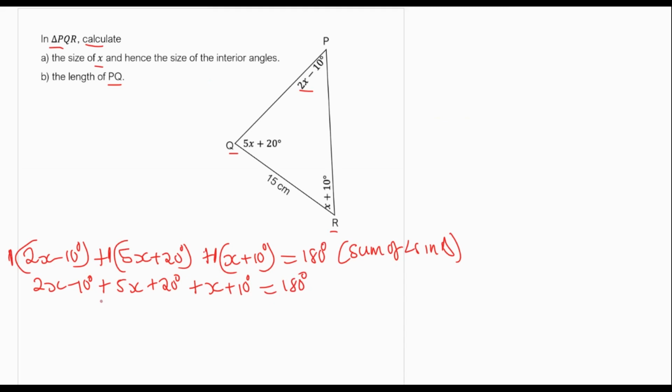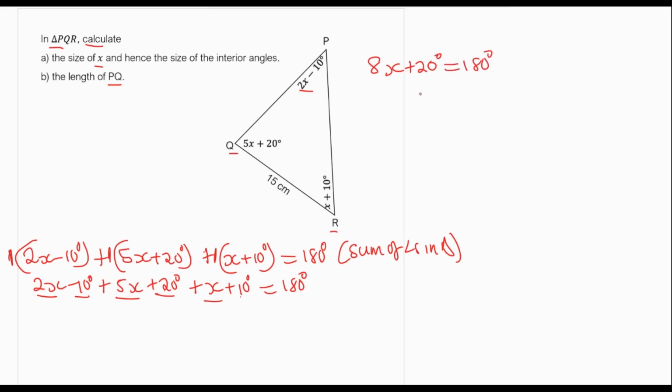Then 2x plus 5x plus x is 8x. So we have 8x, and then negative 10 plus 20 is positive 10, then positive 10 plus 10 is positive 20. And then it's equal to 180 degrees.